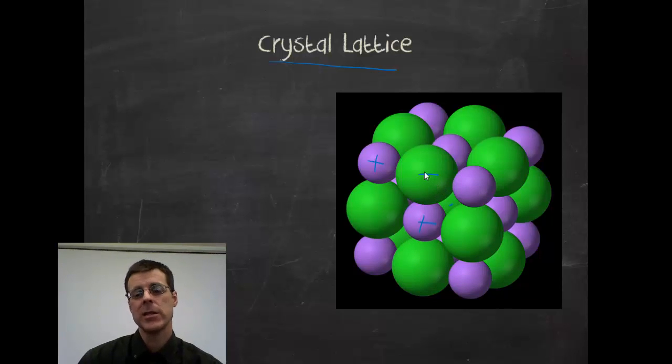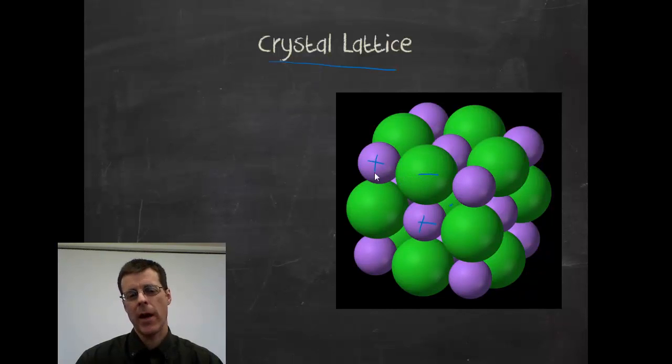If I did a similar thing for my chloride ion, it has 4 sodium ions that I can see. There would be one above it that's not shown, one in front of it that's not shown. Each chloride ion is surrounded by 6 sodium ions.